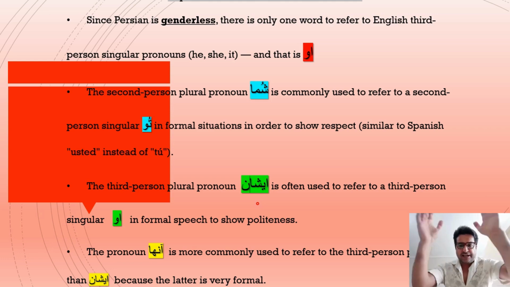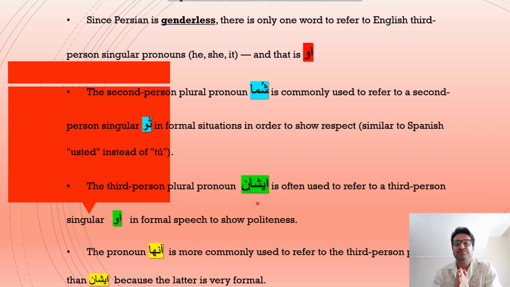So in Persian, ladies and gentlemen, be careful when you are using to and shomā, ishān and u in the singular, let's say when you are addressing one person. Of course, when you're addressing more than one person, it is okay, normal. And the pronoun آنها, again for ishān, more than one person. When ishān means more than one person, it is another synonym for آنها.